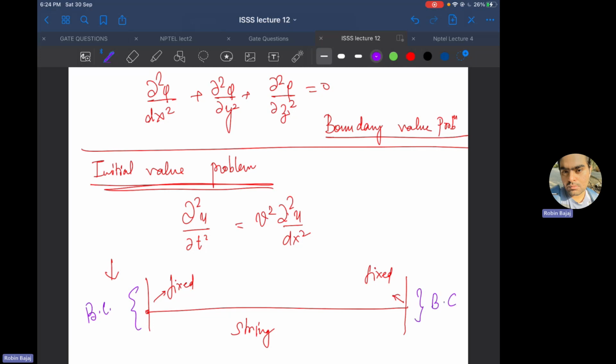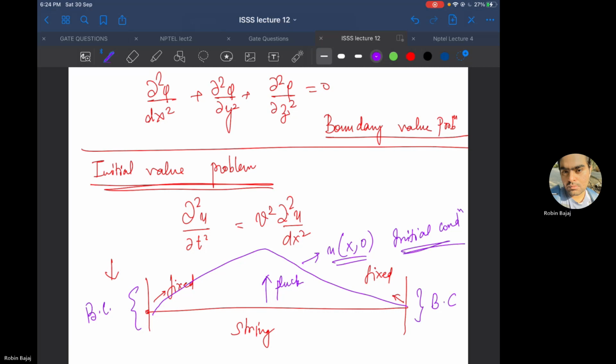Now at t equal to 0, you give a pluck. This is the initial condition, right?